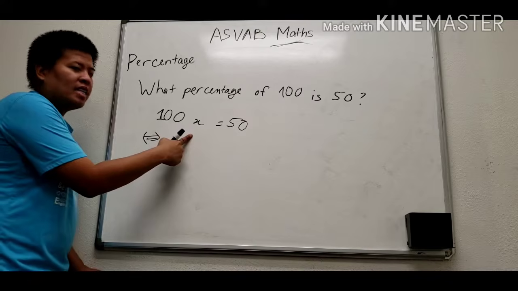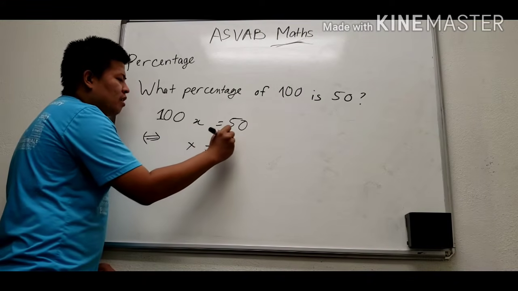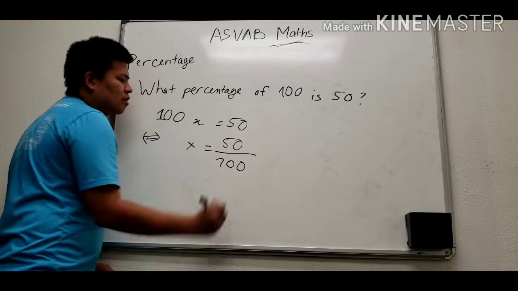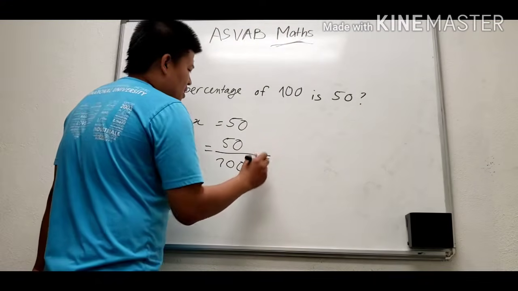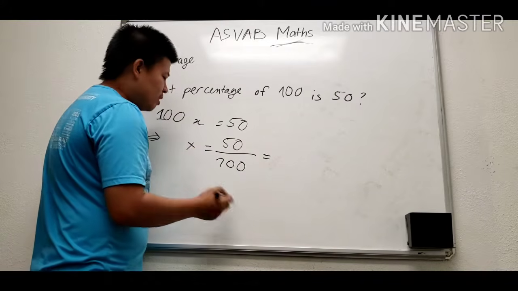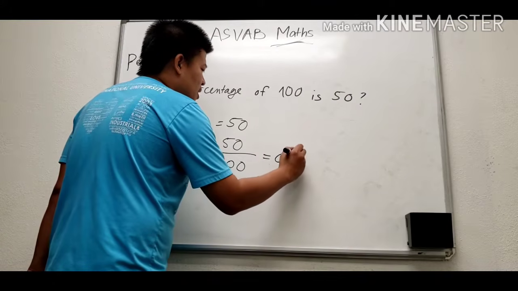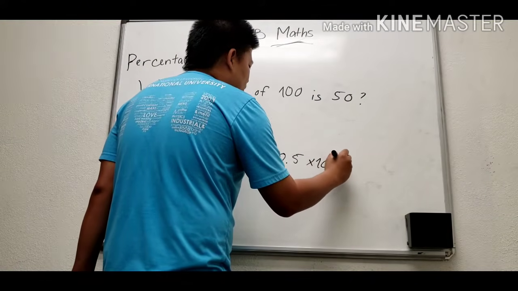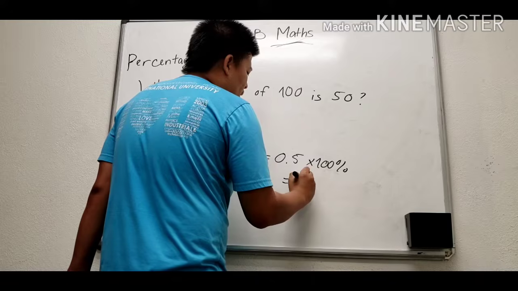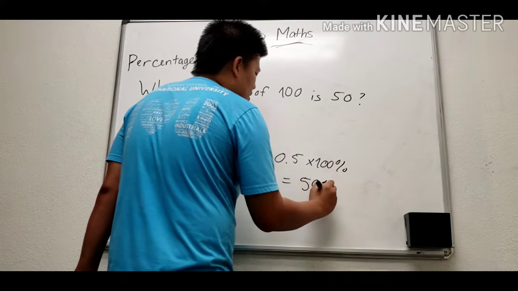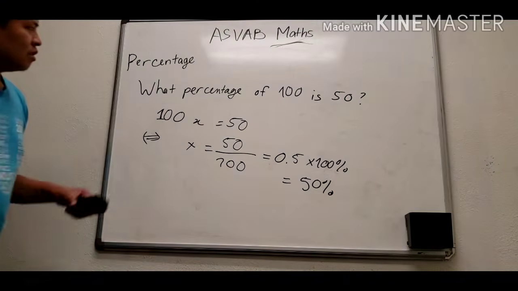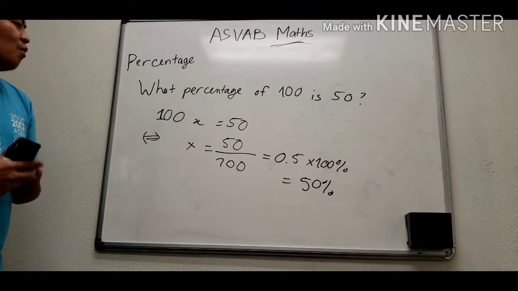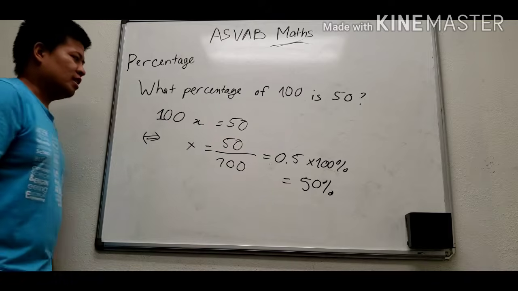So to calculate S, we just put 50 divided by 100, and 50 divided by 100 is 0.5. 0.5 we multiply by 100%. We get 50%. So 50% of 100 is 50. That's why we got 50 percent.